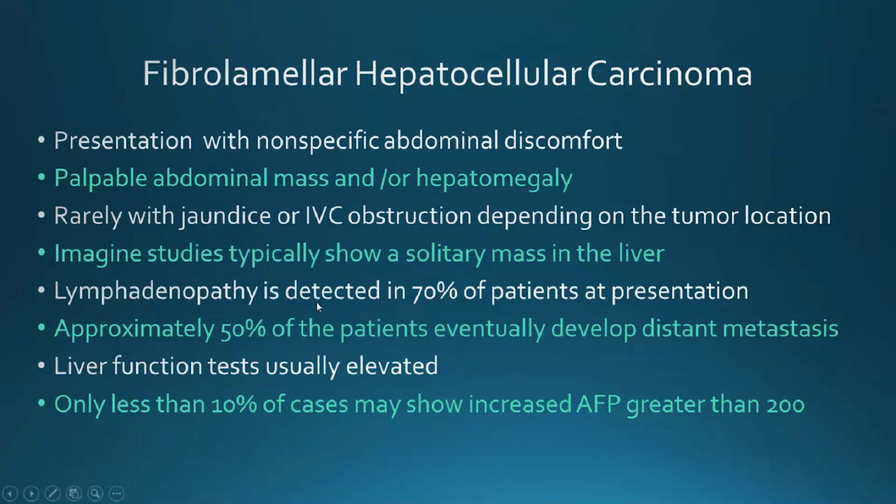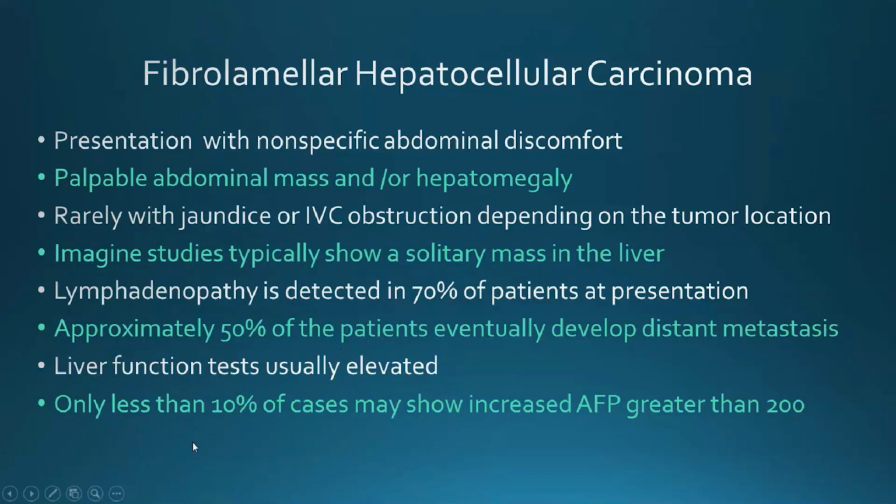A fair number of these patients at presentation may have lymph nodes in the portal hepatis area, and approximately 50% of these patients eventually develop distant metastasis. Liver function tests in late stages are sometimes abnormal, but in the early stages may not be abnormal.